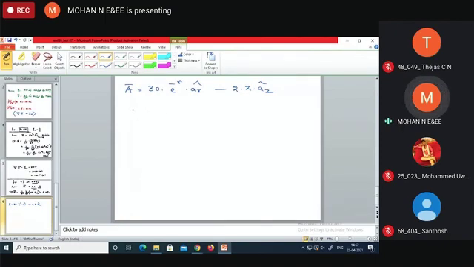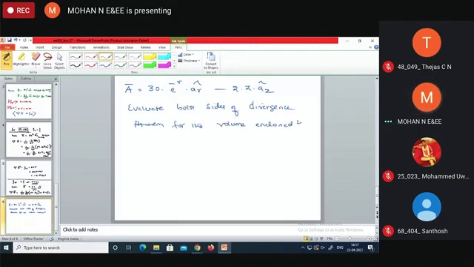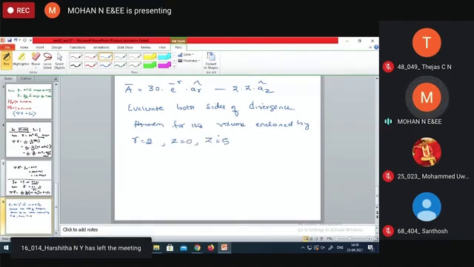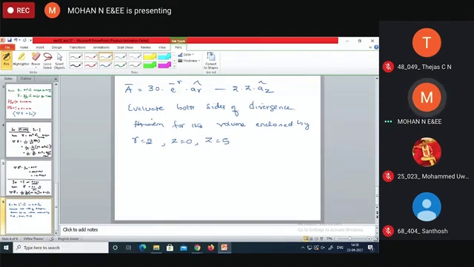Evaluate both sides of divergence theorem for the volume enclosed by r is equal to 2, z is equal to 0, z is equal to 5. So this is the question given.